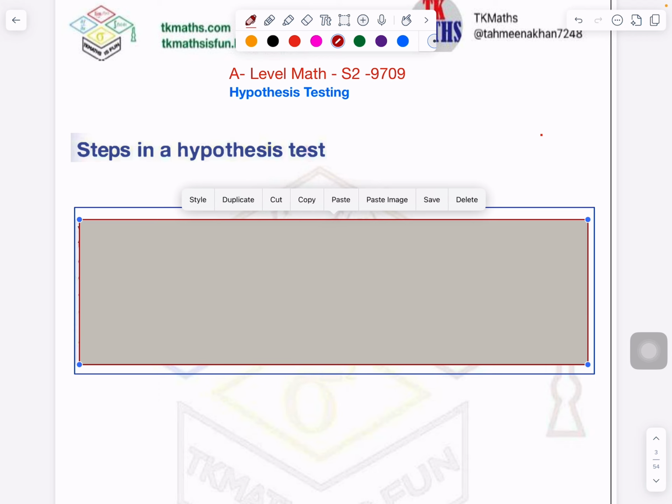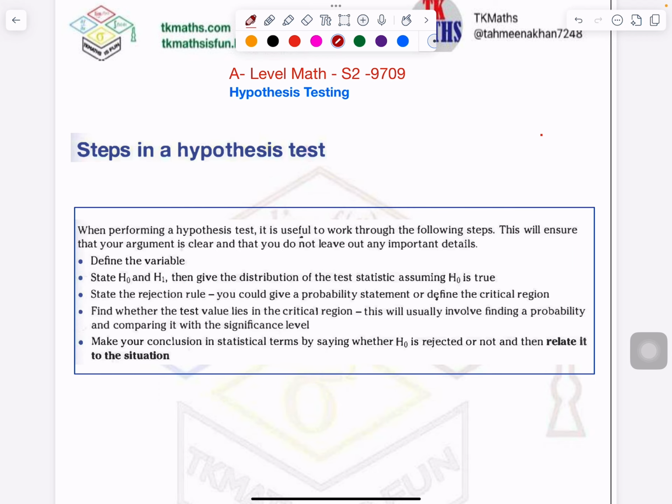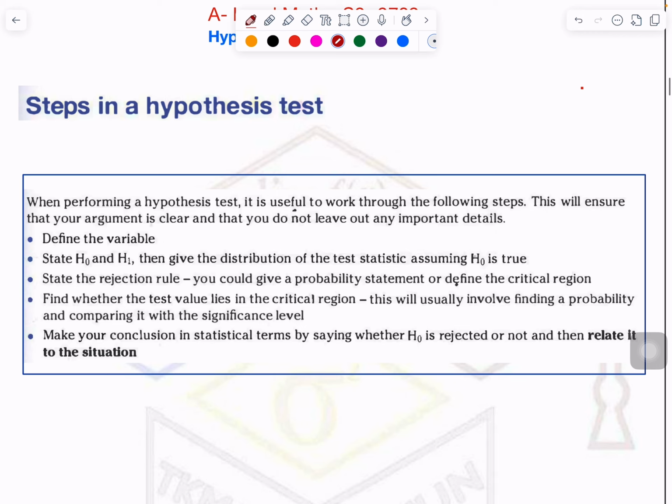So there are a few steps you must mention when you are solving a question on hypothesis testing. There are certain steps you must follow. First of all, you should define what the variable is. So what is your x variable against which you are testing? You have to tell what your H0 and H1 are, null hypothesis and alternative hypothesis.